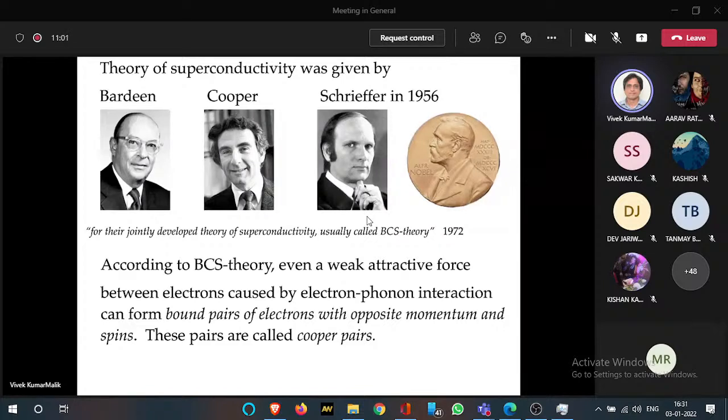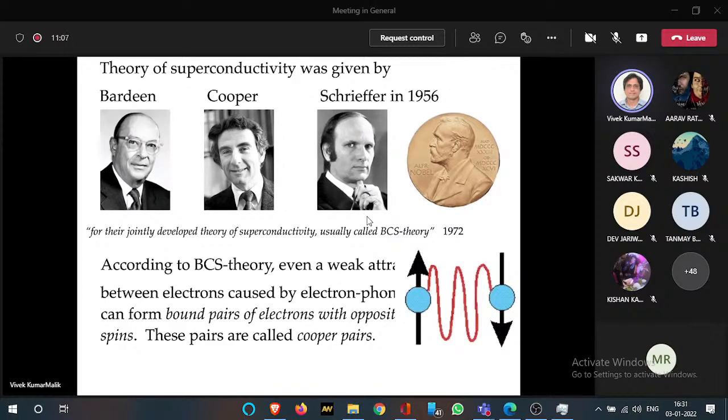So there is a way to explain it: electrons get bound into pairs with opposite spin and opposite momentum via something called the electron-phonon interaction. Phonons are nothing but the quantized form of the vibrational waves of the background atoms. These pairs are called Cooper pairs, and they are in phase with each other.